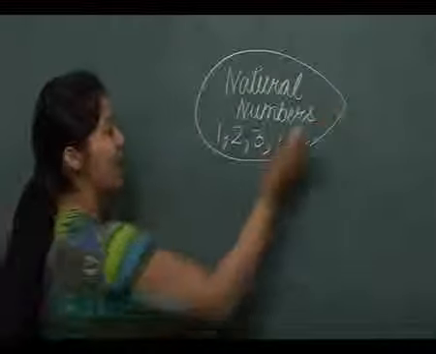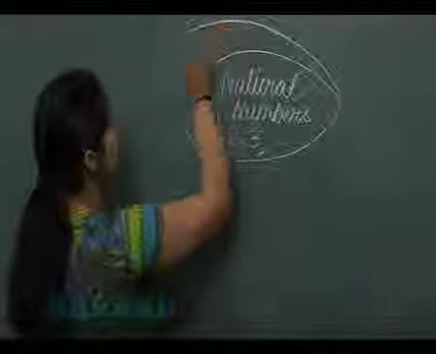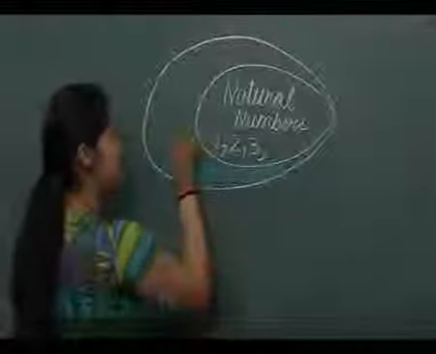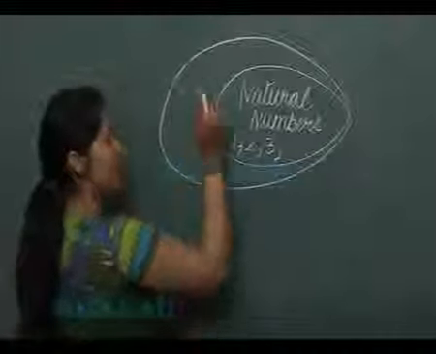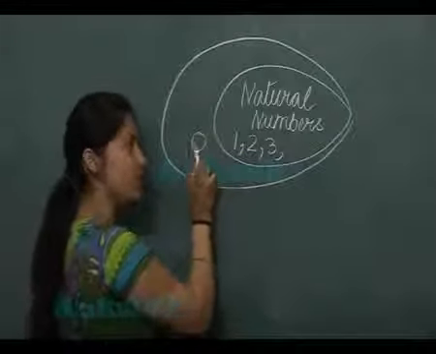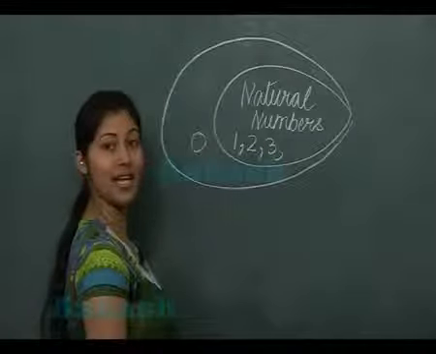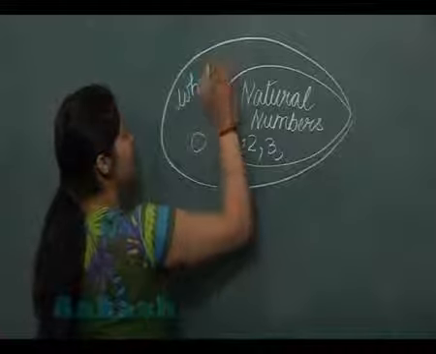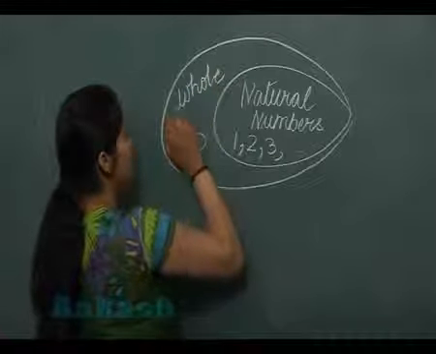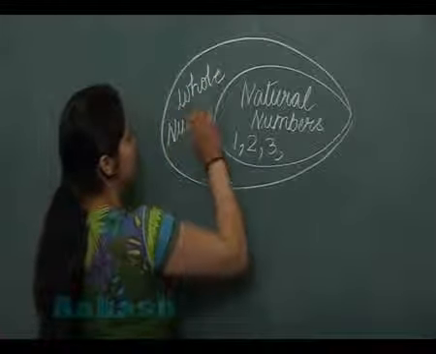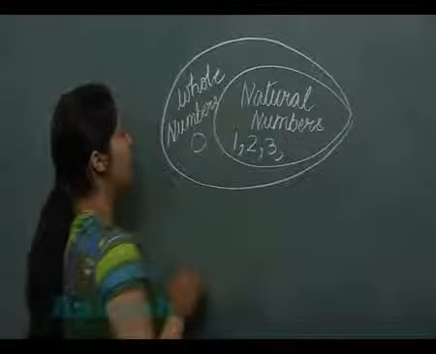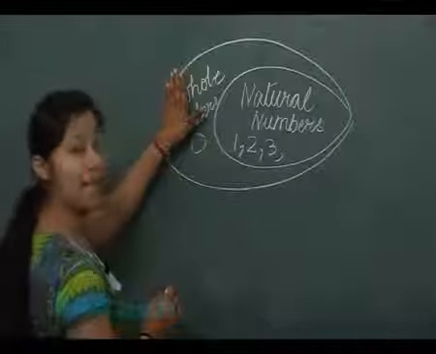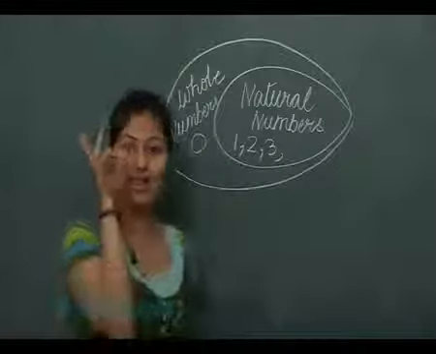But now if I add zero to it, if I add 0 to the natural numbers, I'll get whole numbers. So, second part is whole numbers. Now, if I hide this W, I get HOLE, hole. This hole is like this.